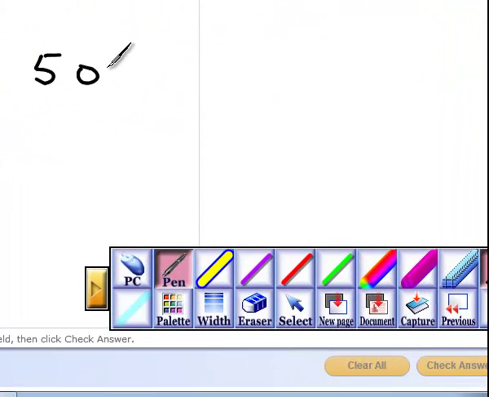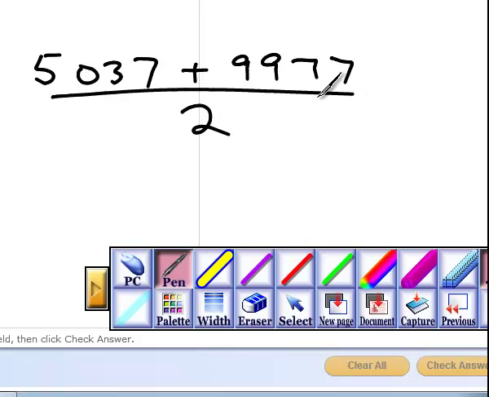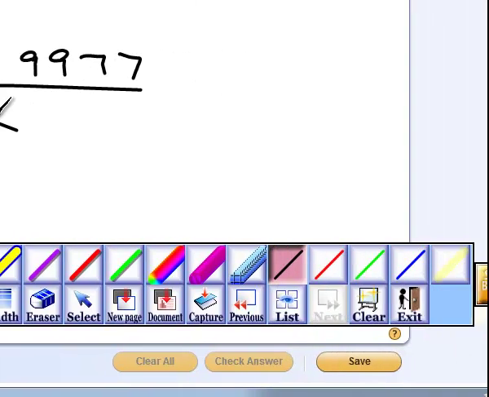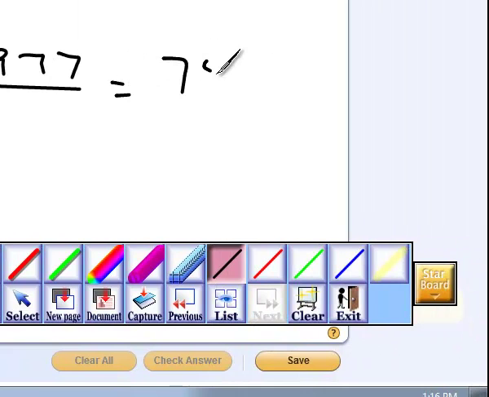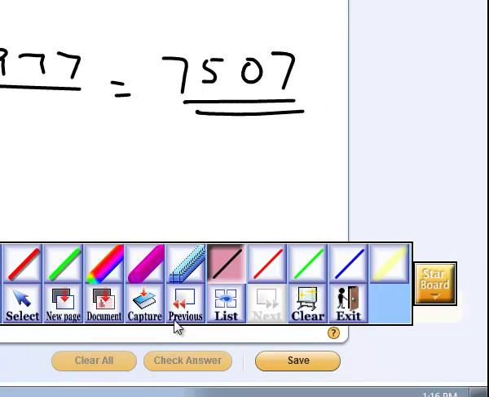So this would be 5037 plus 9977 divided by 2. Working that out, we get 7507 is the cost for 1987.